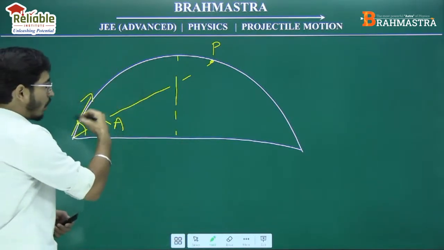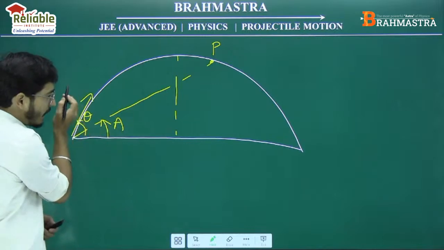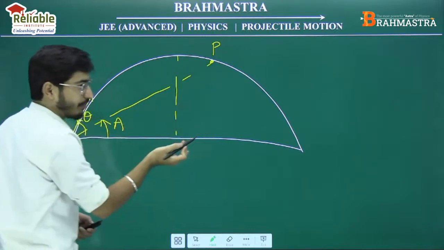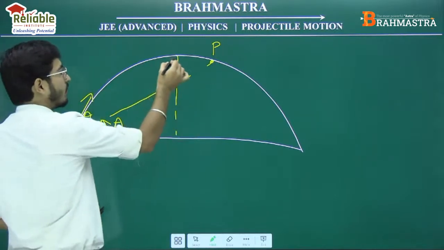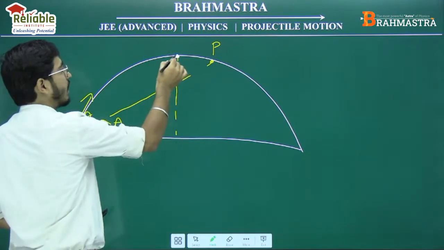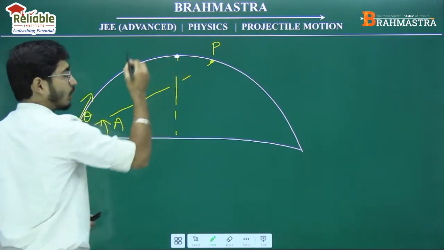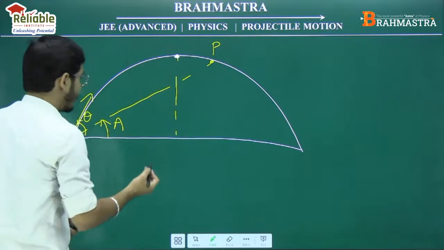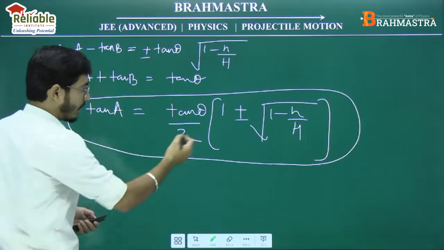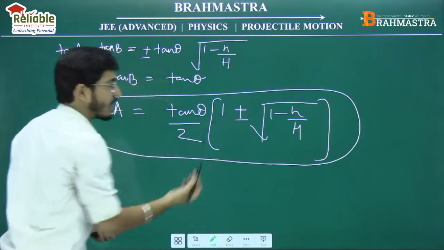When we launch the projectile, this A is going to continuously decrease. Okay, we know the value of the A with the theta when the projectile is right at the top, right? There you see the answer with the plus and a minus sign.